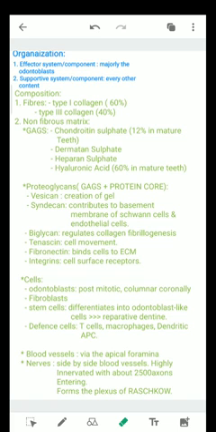Now, the chondroitin sulfate in the mature tooth is 12%, while the hyaluronic acid is 60% in the mature tooth, meaning that the hyaluronic acid is more in the mature tooth, but it's vice versa in a developing tooth or non-erupted tooth, where the chondroitin sulfate is more than the hyaluronic acid.